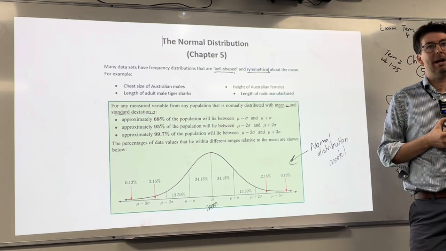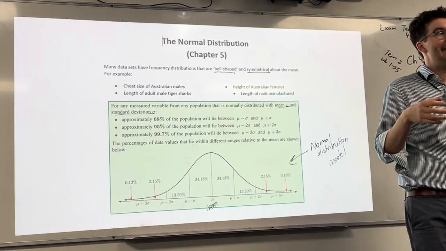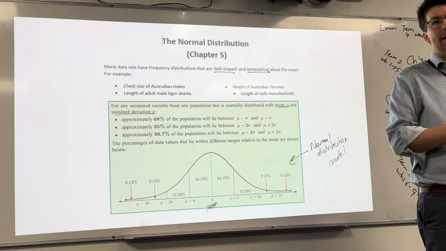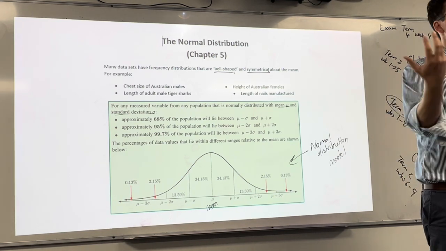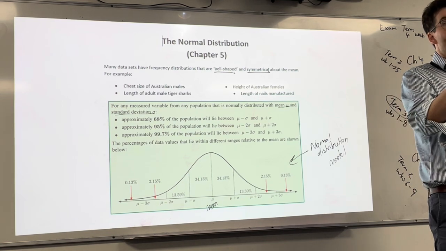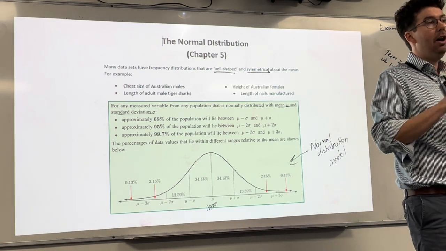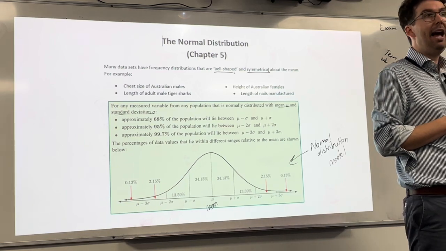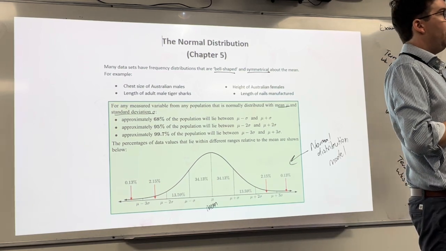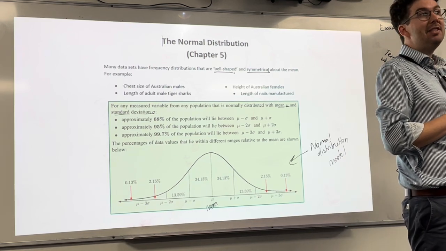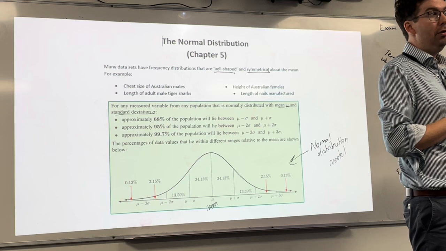Okay. So if we were to talk about the average age of this class right now, and we talked about the standard deviation of that average, all right, then let's say that I decided to instead work out the average age of everybody at lunchtime on the oval and work out the standard deviation of everyone on the oval.